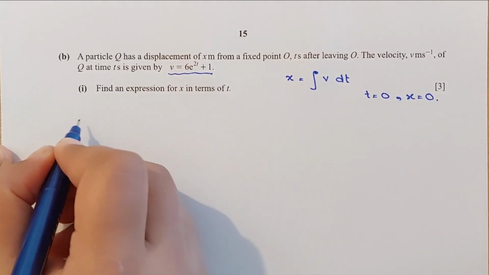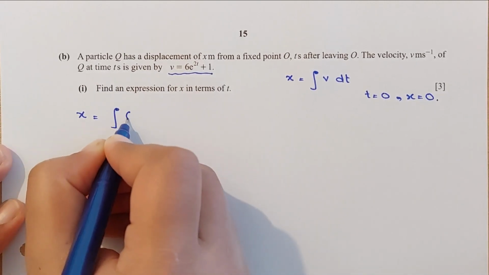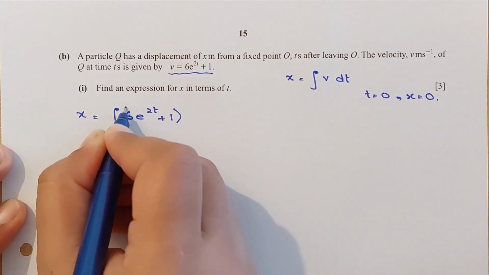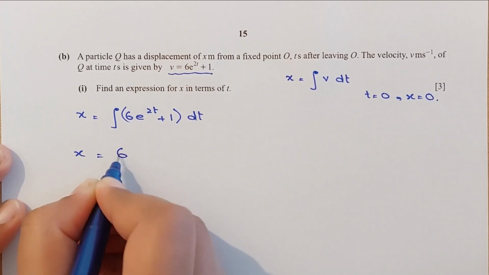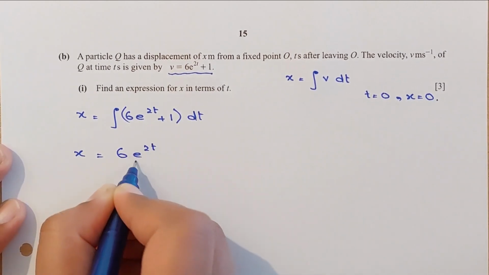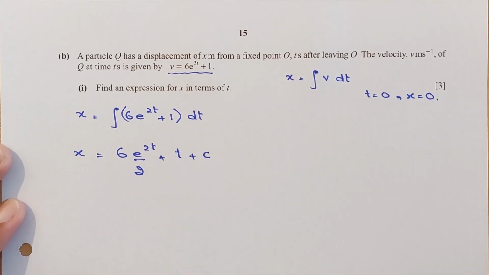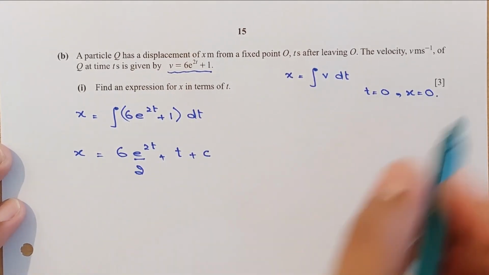So we have to integrate the velocity. The displacement x is equal to the integration of (6 e power 2t plus 1) dt. So x is equal to 6 e power 2t divided by 2, plus t, plus the constant of integration. Now let me plug in the condition that when time is 0, the displacement is 0.